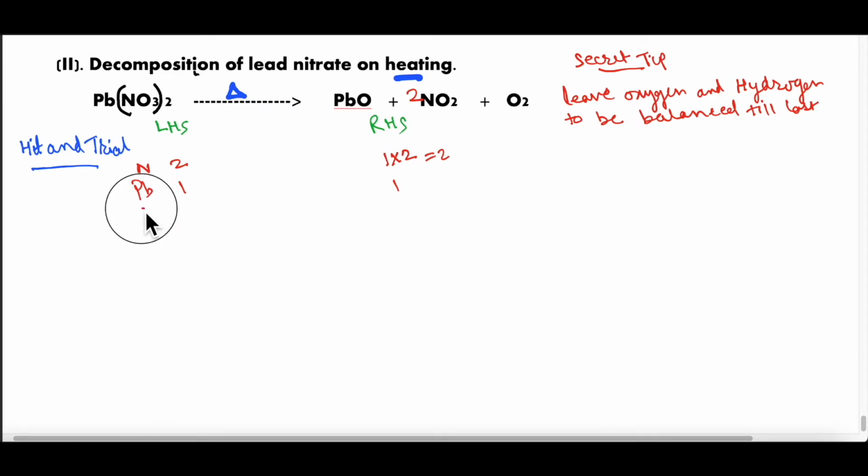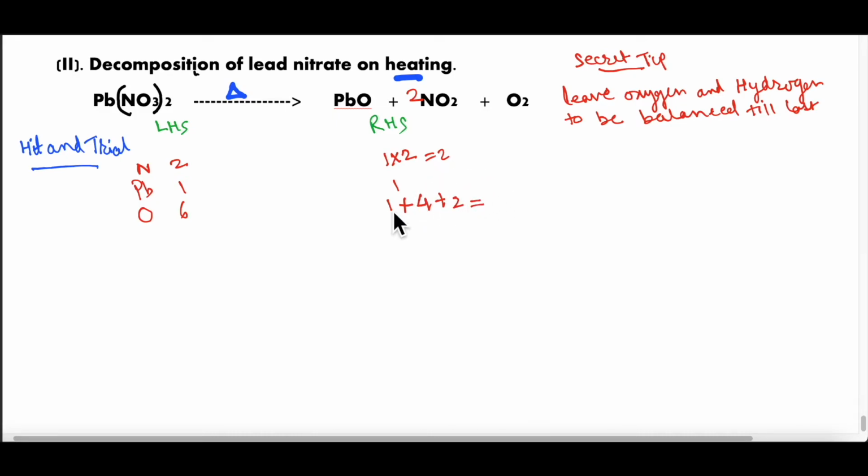Now, as we are left with oxygen atoms, let us see how many oxygen atoms we have on the reactant side. Yes, this is 2 times 3, that is 6 oxygen atoms on the reactant side, and on the product side we have 1 plus 2 times 2, that is 4, plus 2 times 1, that is 2.